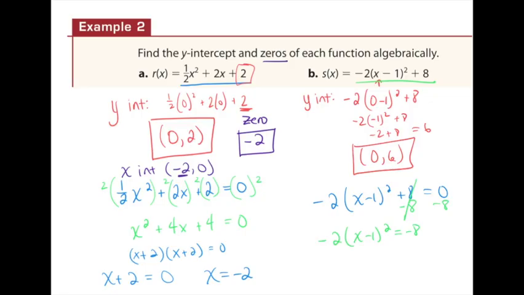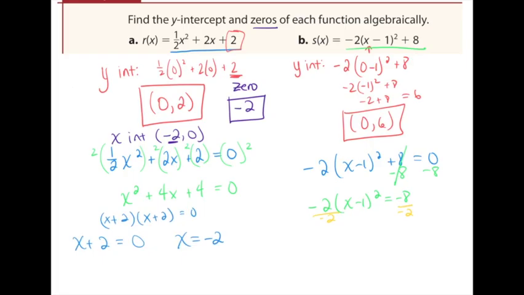I'm trying to get to that x. So now I'm going to divide out that -2. So now I have, on the left-hand side, x minus 1 squared equals +4.